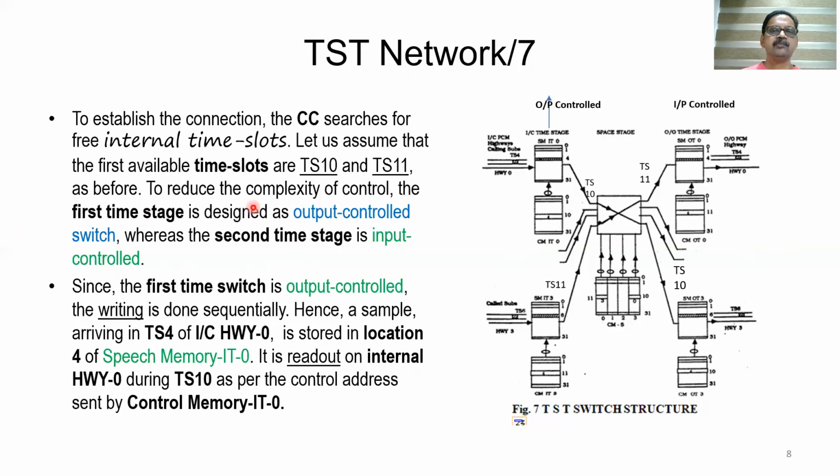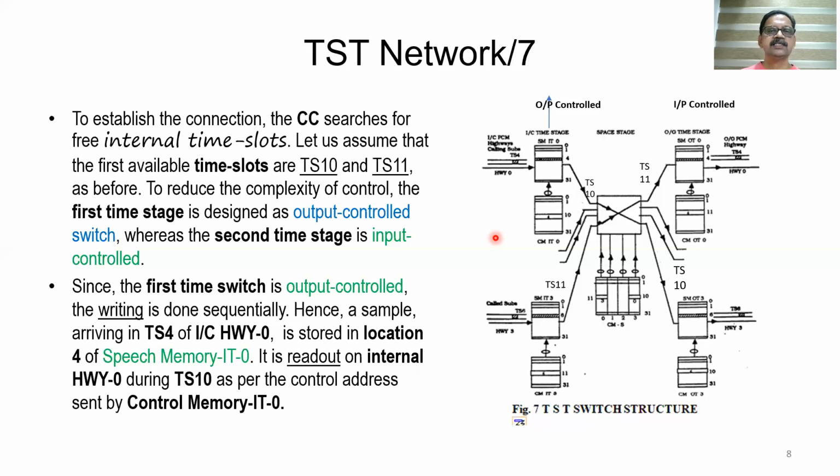To reduce the complexity of control, the first time stage is designed as an output control switch, whereas the second stage is input control. So we have seen the time stages can be input associated control or output associated control.